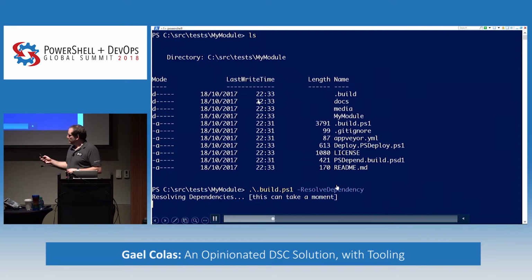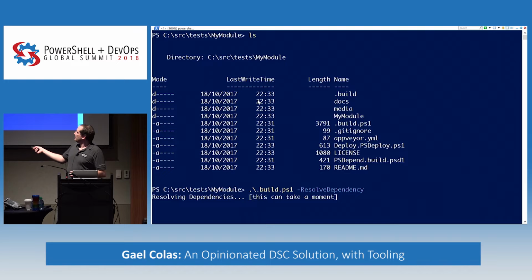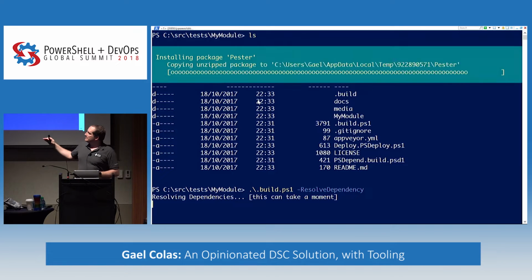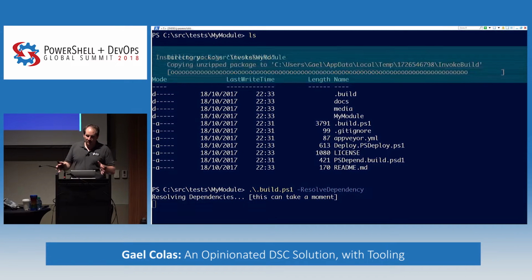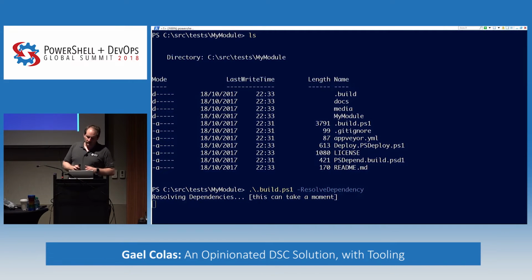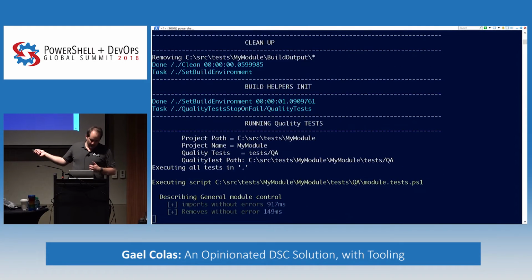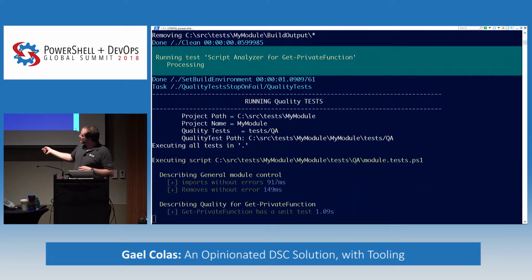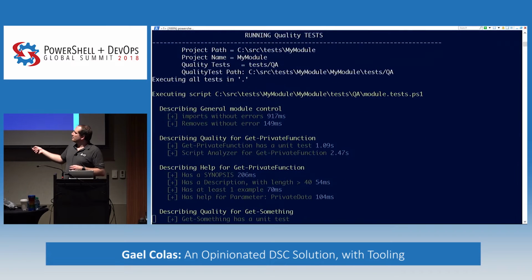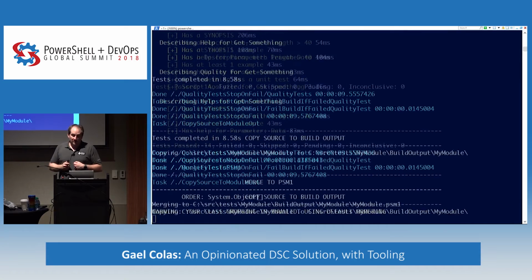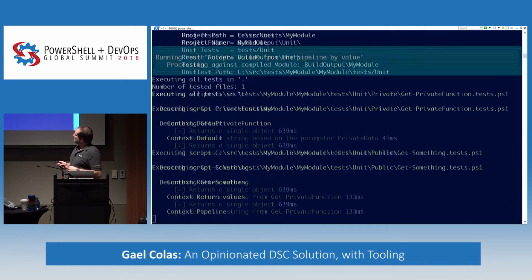So when you call the build script, it resolves the dependency automatically. This is sped up because we don't have that much time. But that pulls every dependency you need, and that's going to start building the module for you. So it cleans up the build. It loads everything. It already has pre-populated tests. This is only quality to make sure you have the documentation and you have some help files with it.